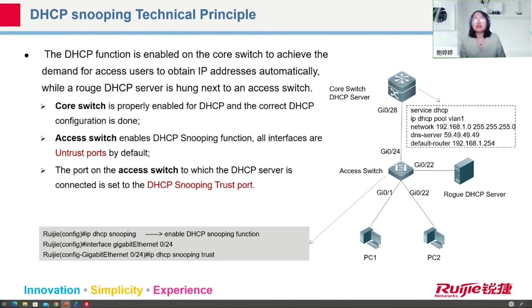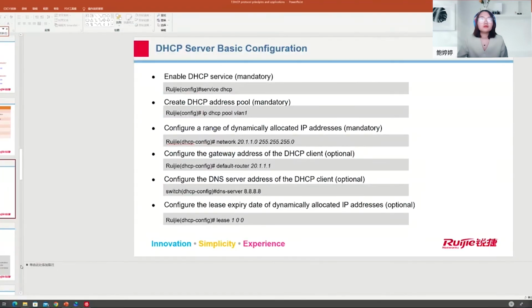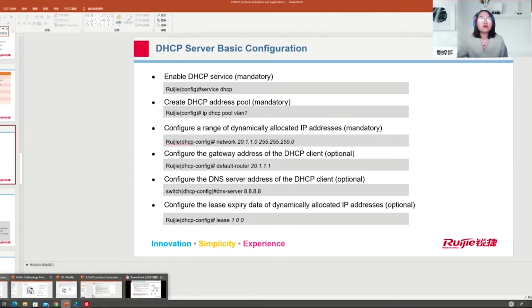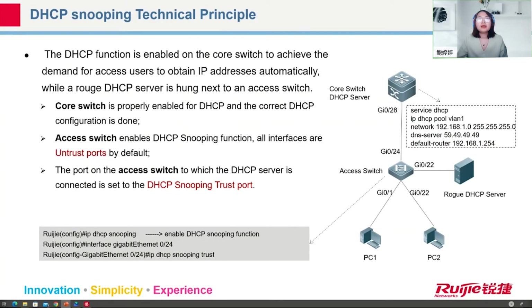Then we can enter interface GigabitEthernet 0/24 and make it ip dhcp snooping trust. Then interface 24 will become the trusted interface.